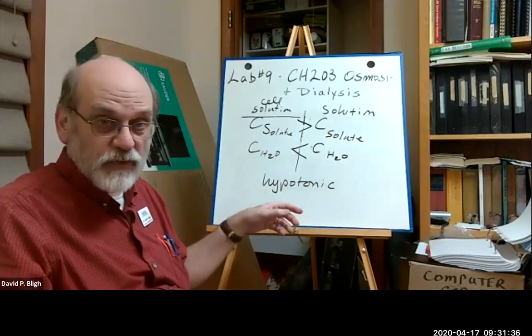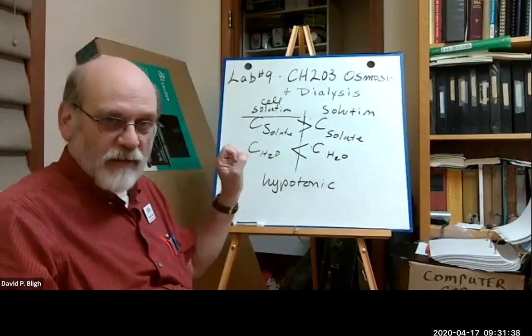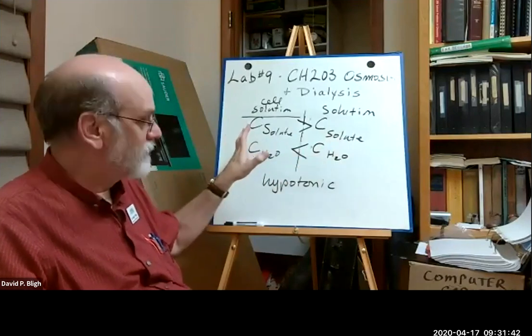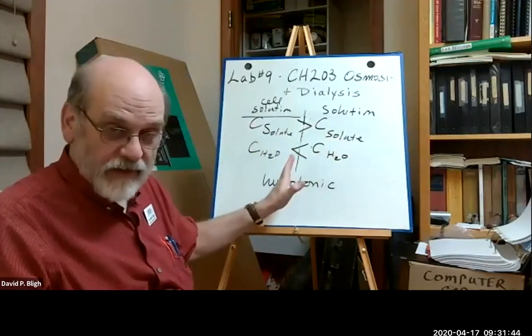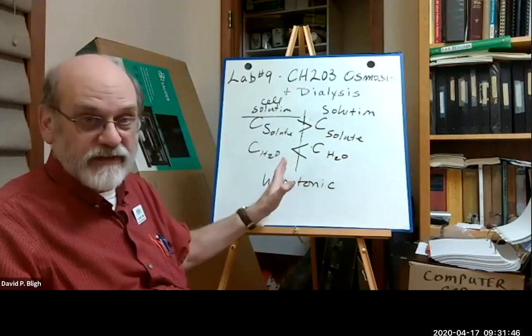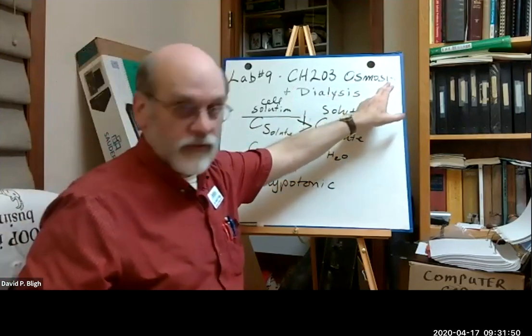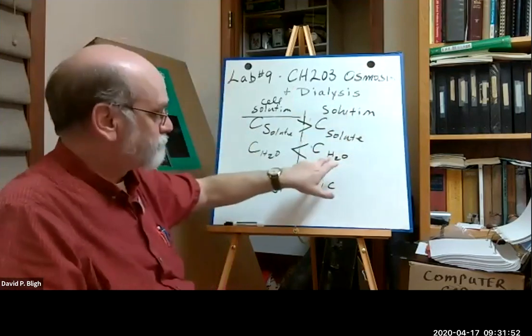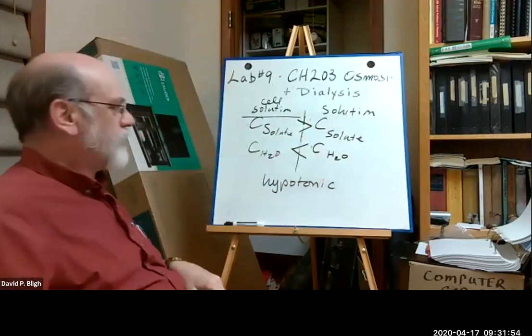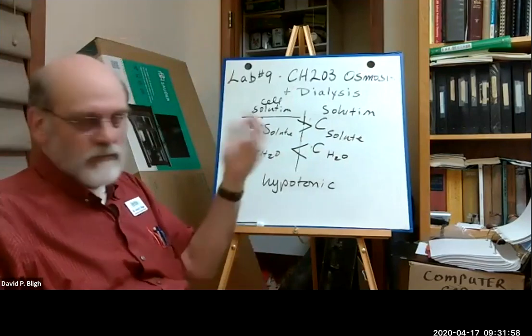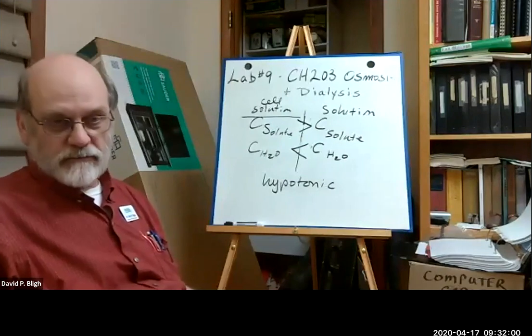In other words, it moves from a place of high concentration to low concentration. That's what's happening. Only with the membrane, that movement is restricted. It's only allowed for water in the case of osmosis, right? So for isotonic solutions, water moves in no direction. It doesn't move at all.